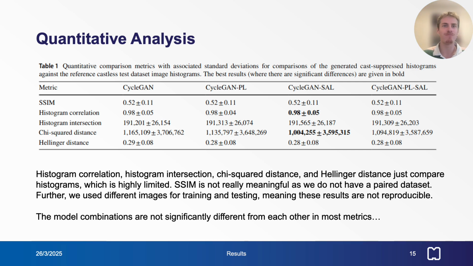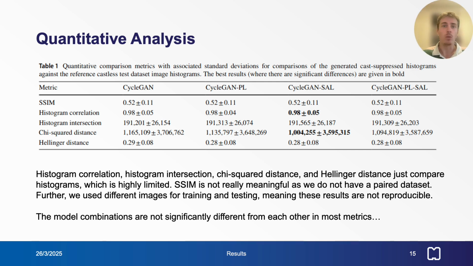Histogram correlation, intersection, chi-squared distance, and Hellinger distance just compare histograms, which is highly limited because spatial information is lost when you convert an image to a histogram. And the SSIM is not really meaningful in this case because we don't have a paired problem, so we don't have paired images to compare.